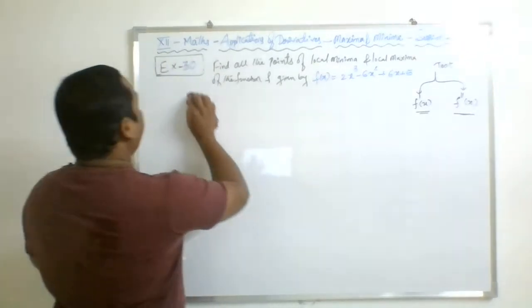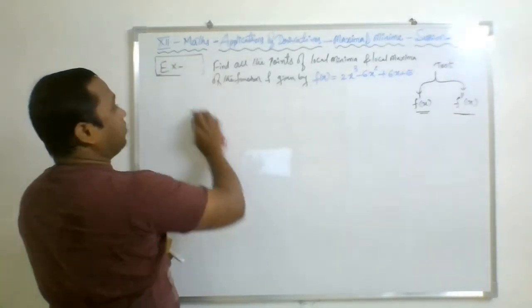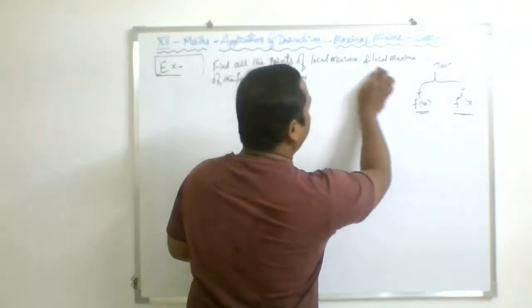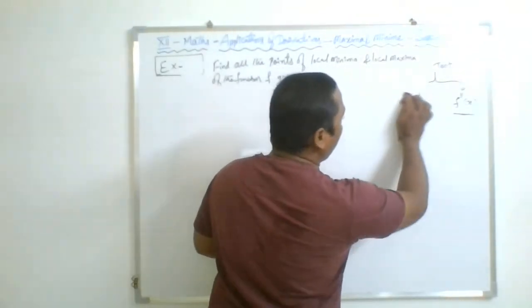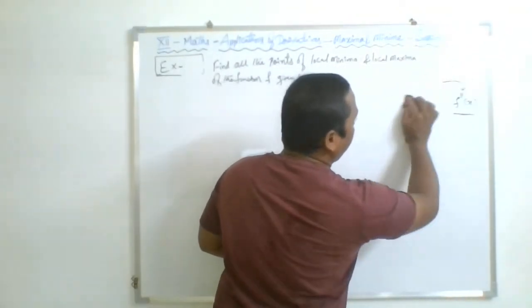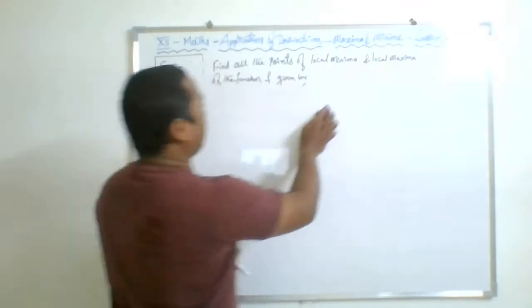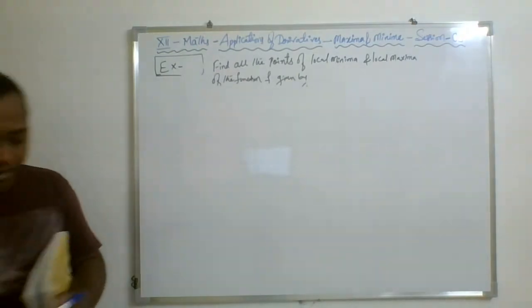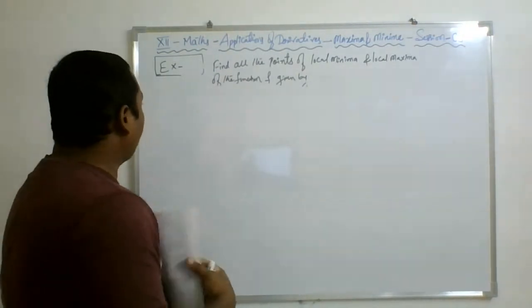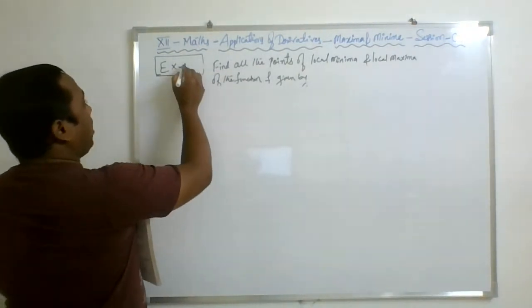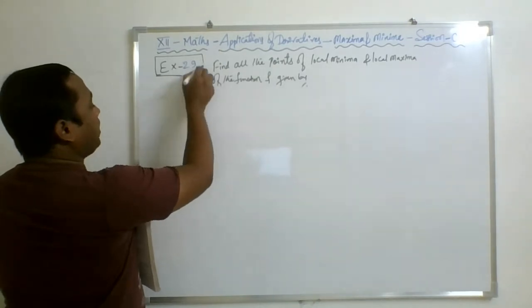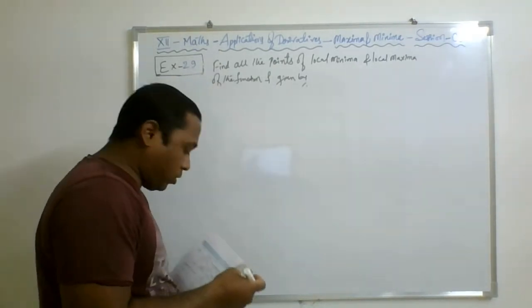Again, I am taking the same example, the previous example. We will do the same one with the help of the second order derivative test. I am taking the previous question again, example 29, because I wanted to keep the question same, turning points also same.